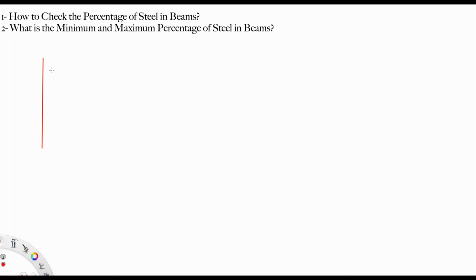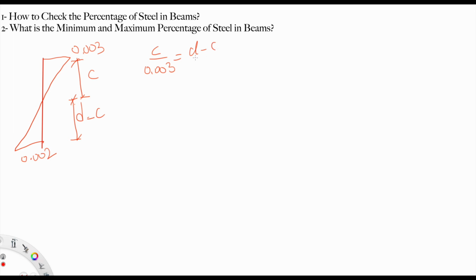And then we will say this is the crush 0.003 in concrete, but the strain is 0.002. It's just a yielding. 0.003. This is C, this is D minus C in distance, right? Similar triangles, C over 0.003 equals D minus C over 0.002. You will get C is 0.6D. That means 60%. That's why it is rho balanced. That's why it is compression controlled. 60% of the section is controlled by compression.